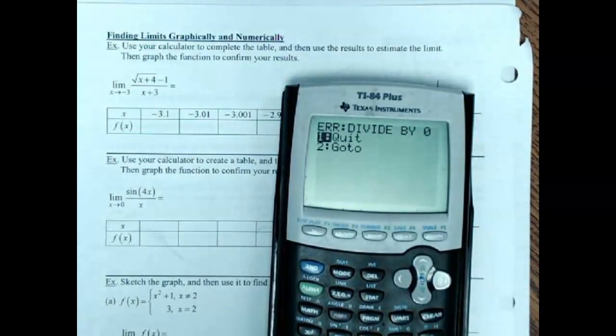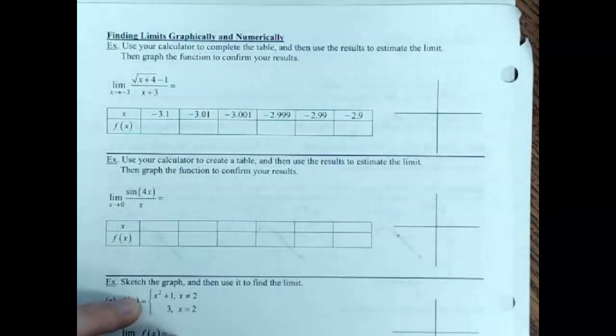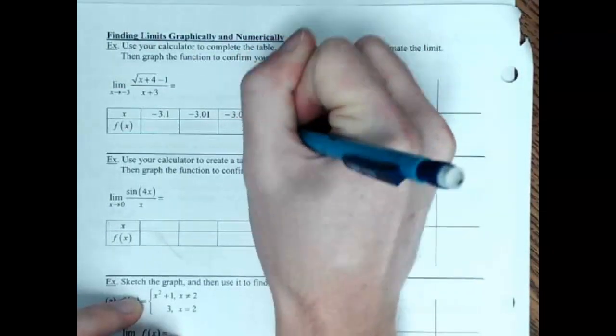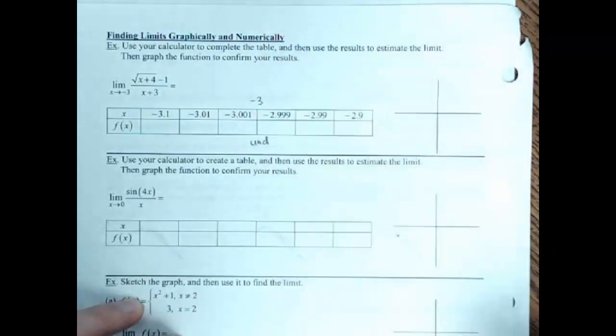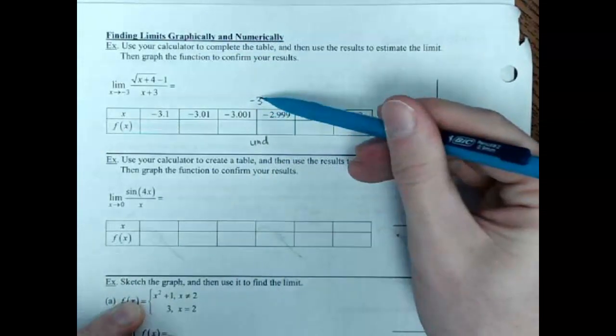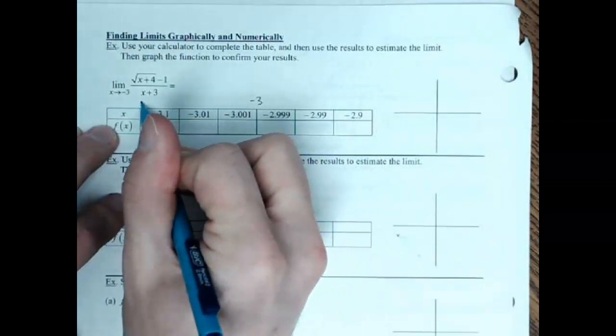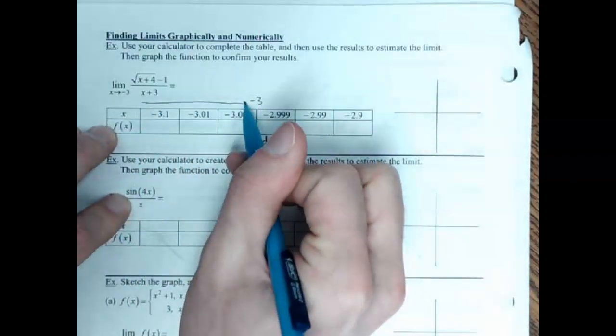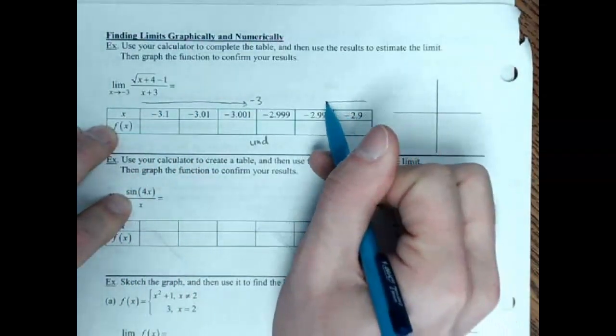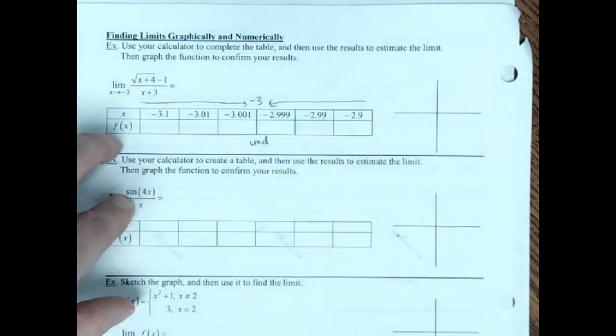So that function is undefined at that specific point, but we really don't care. We want to know what happens as I get closer and closer and closer. That instantaneous value is undefined, but we can still look at the pattern and the trend as I approach it from the left and then from the right. And that's what a limit is doing.